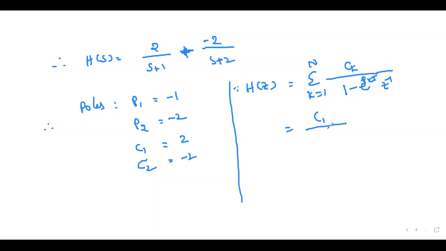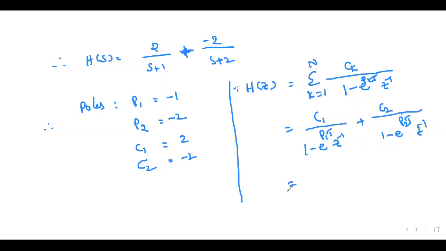That means C1 by 1 minus e power P1 capital T z power minus 1 plus C2 divided by 1 minus e power P2 T z power minus 1. Okay.